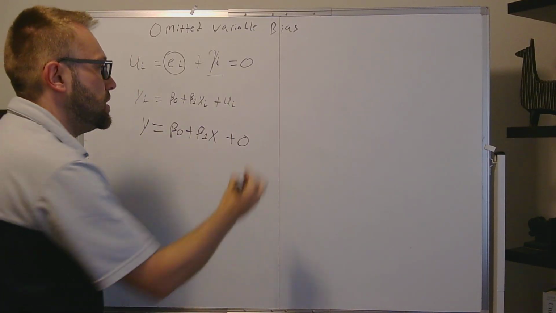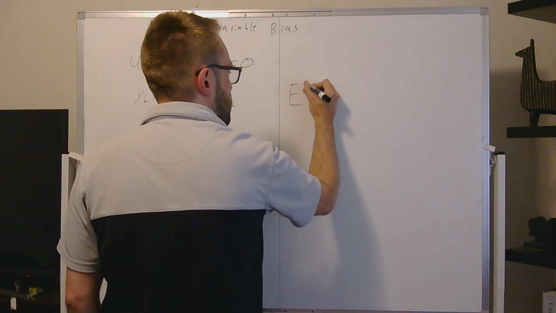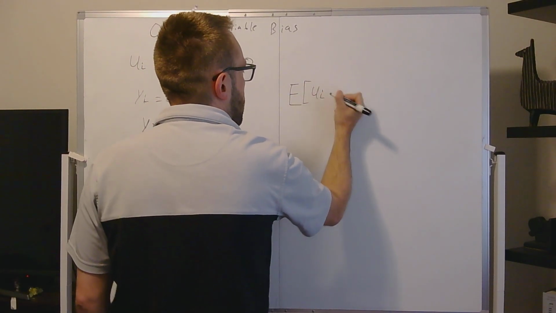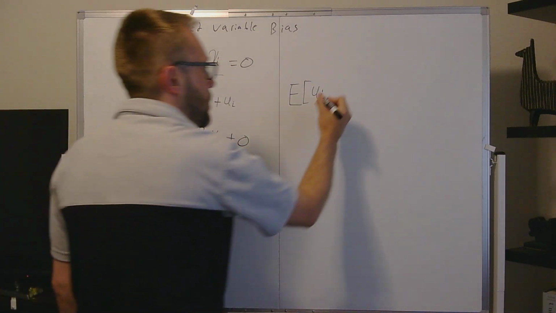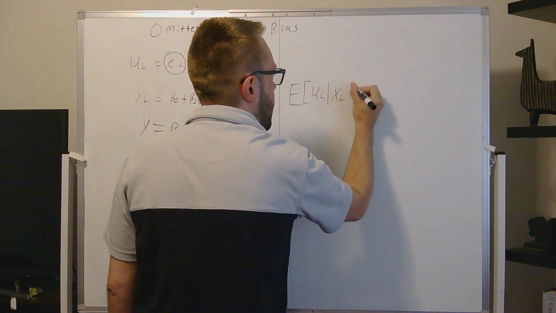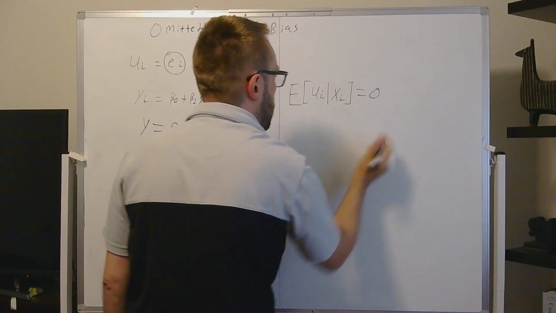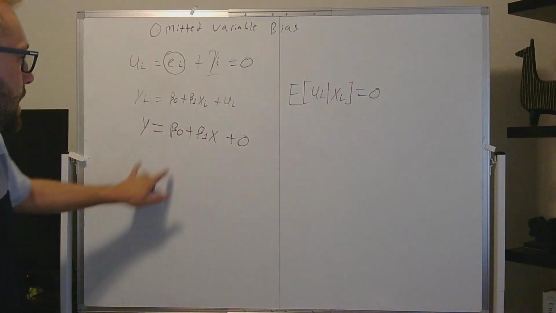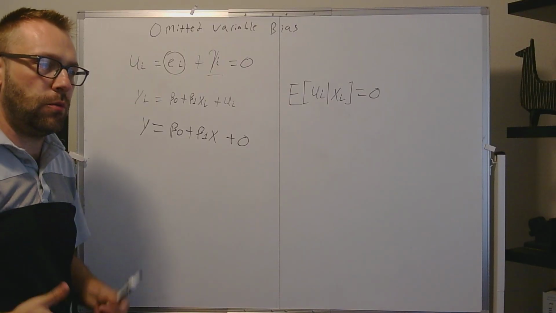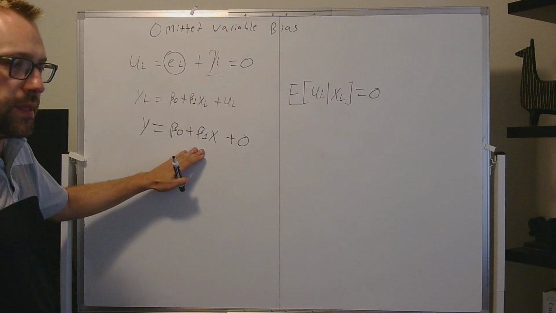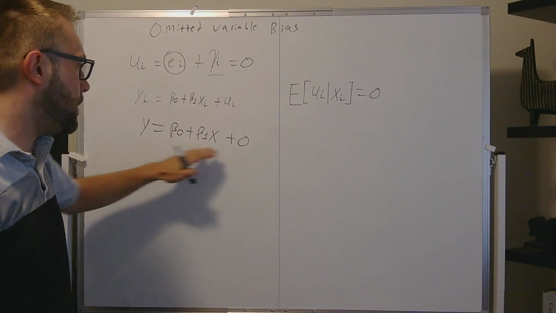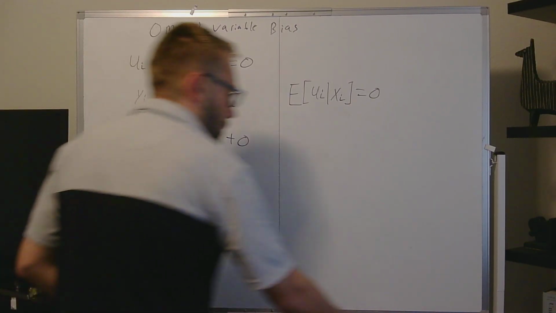Because if we took the expectation of u_i, where u_i only equaled e_i, because we're setting gamma equal to 0, given any x_i, that equaled 0. And when we take an expectation, that gives us a general population formula. And so we would remain with that.